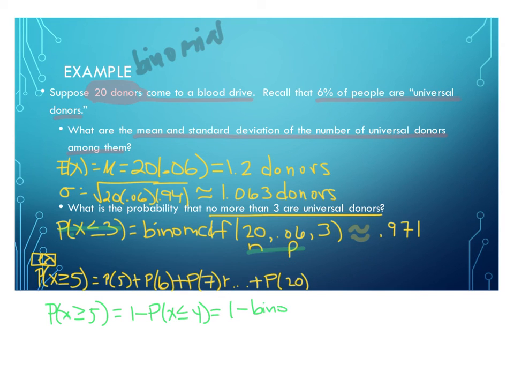So we would set up binomcdf, and we would do our number of people, 20, that's our n, our probability of success, 0.06, and then our number of people in our statement, 4. And this does end up giving us about 0.006. Okay, so notice that we have our statement and we have our labels.